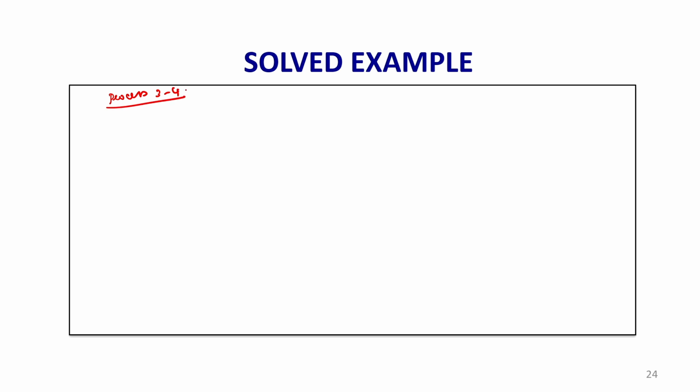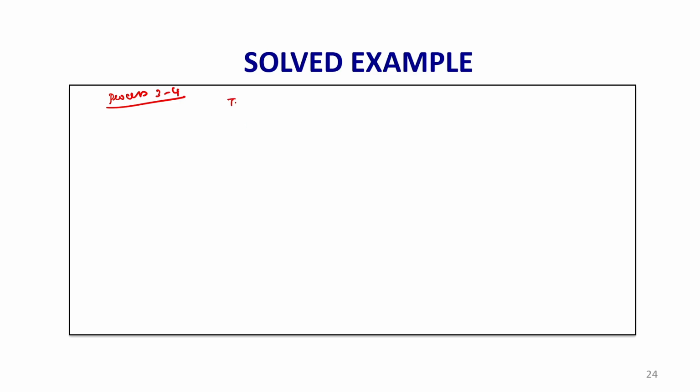Once we find the pressure, temperature and volume, finding the other quantities like QR, W net, and thermal efficiency becomes easier. For process 3 to 4, write the relation between T3 by T4, which we used while deriving the thermal efficiency: V4 by V3 whole power gamma minus 1. We know that V4 is equal to V1 and V3 is equal to V2, because 1 to 4 and 2 to 3 are constant volume processes.